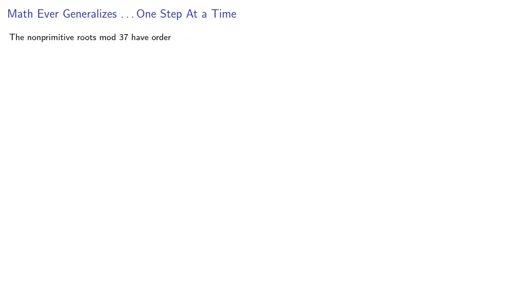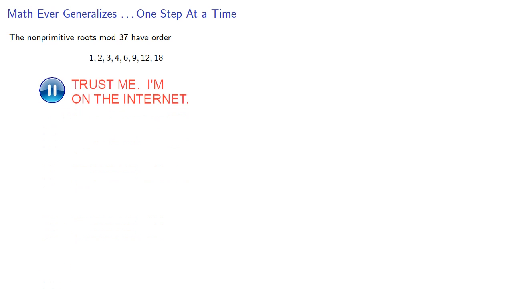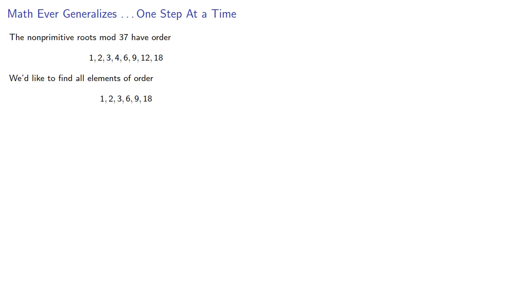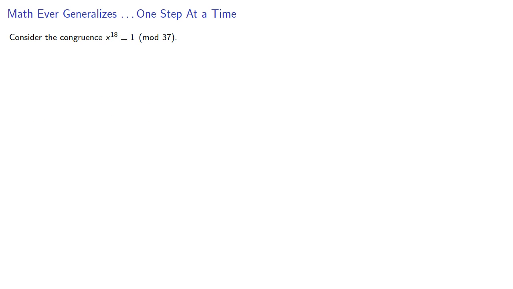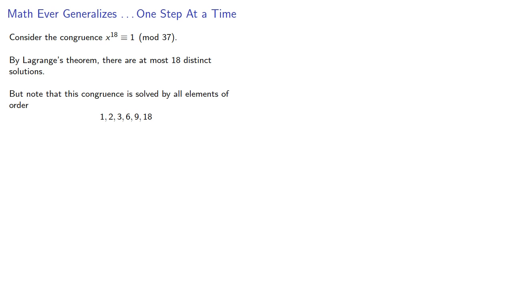So now the non-primitive roots mod 37 have to have order, and we'd like to find all elements of order which excludes any order that's a multiple of 4. So consider the congruence x to the 18th congruent to 1 mod 37. By Lagrange's theorem, there are at most 18 distinct solutions, but note that this congruence is going to be solved by all elements of the orders.